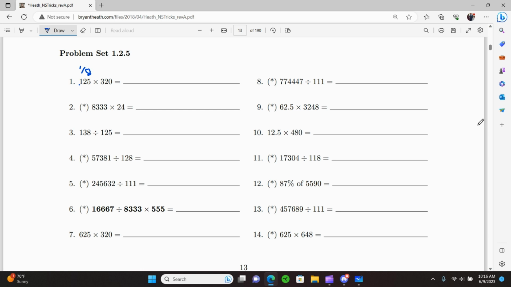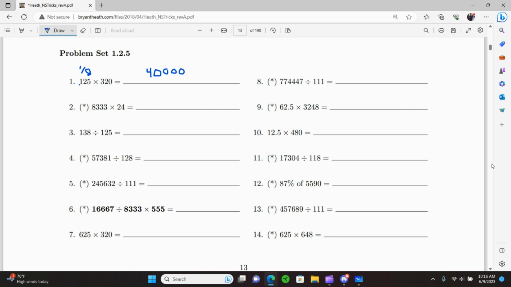So because 125 reminds me of an eighth, all I need to do to solve this problem is divide 320 by 8. 32 divided by 8 is 4, so 320 divided by 8 is 40. And lastly, just like the previous two lessons, I'm going to move the decimal place over 3 spaces. I'll do the same thing here to get my answer of 40,000.